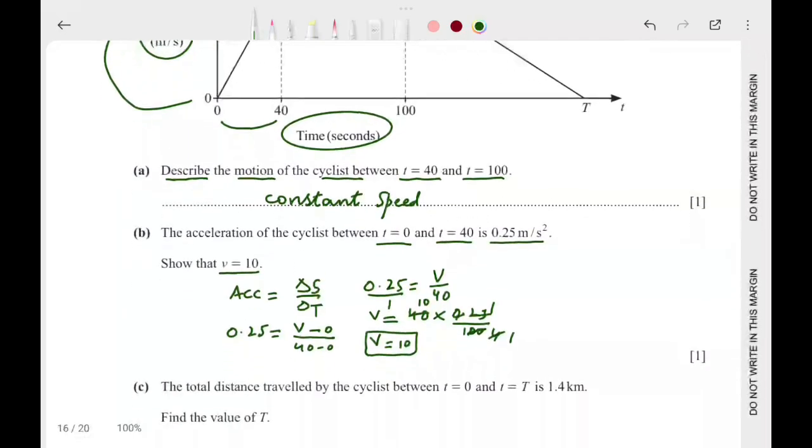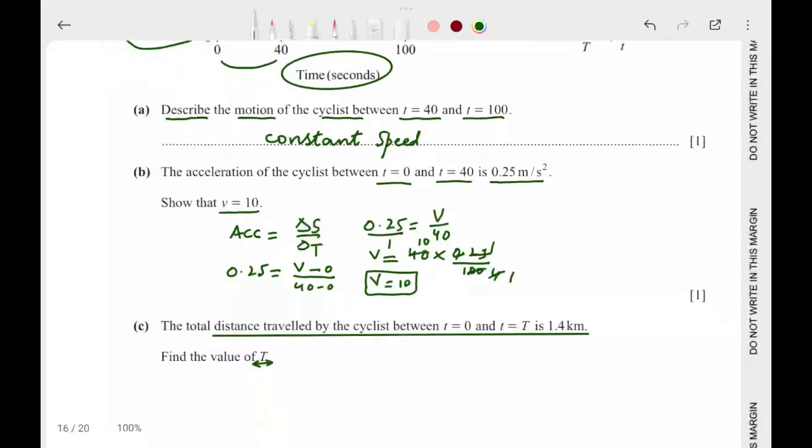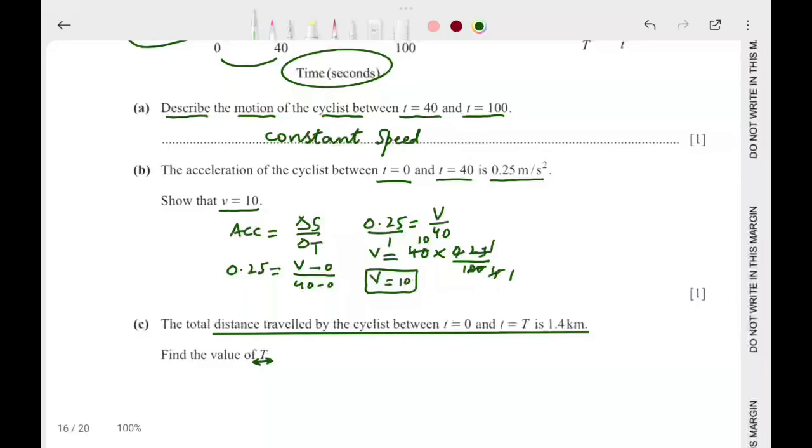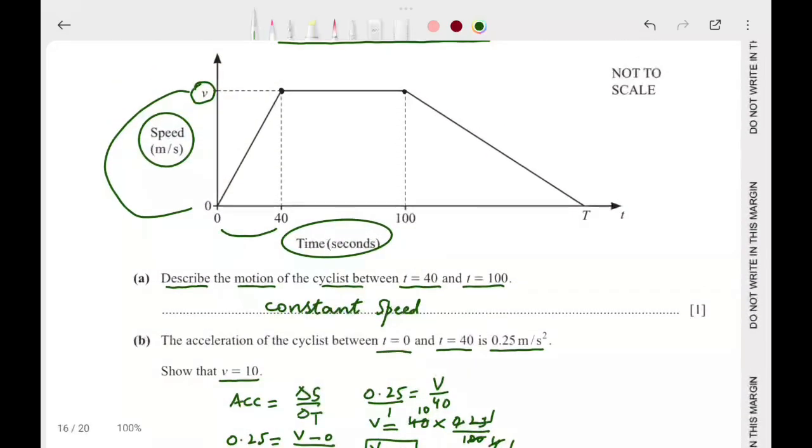Now moving towards next part, the total distance travelled by a cyclist between T0 and T is equal to capital T, which is 1.4 kilometers. Find the value of T. So first of all, students, we have to see that under the curve there are three shapes.